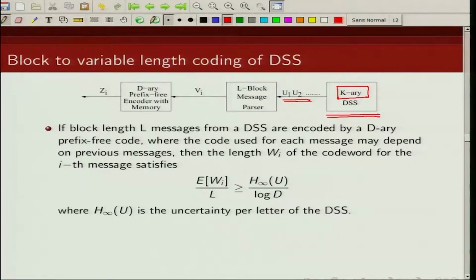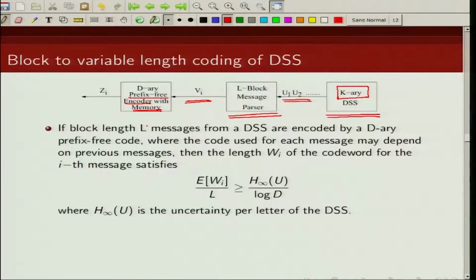Now since we are talking about block to variable length coding, this source is parsed into blocks of fixed length, and that's blocks of length L. Now these blocks are fed to a prefix free coder. Now since we are talking about a sequence that is coming out of a discrete stationary source which has memory, we need to design a prefix free encoder which will exploit this memory.